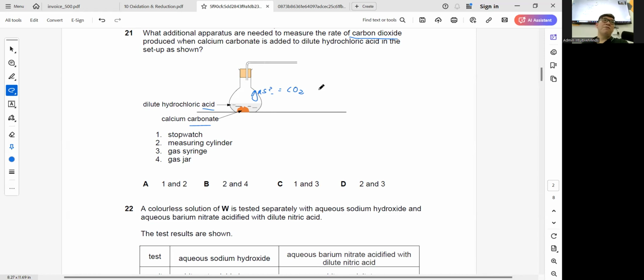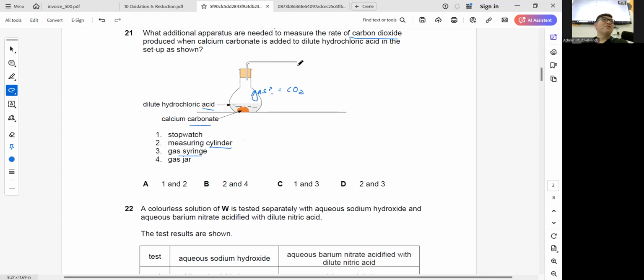Remember, before we went for the break, I said you need to revise and read questions properly. It starts today. So, how would you use a measuring cylinder to measure gas? You can't. All right, so you've got to use a gas syringe.